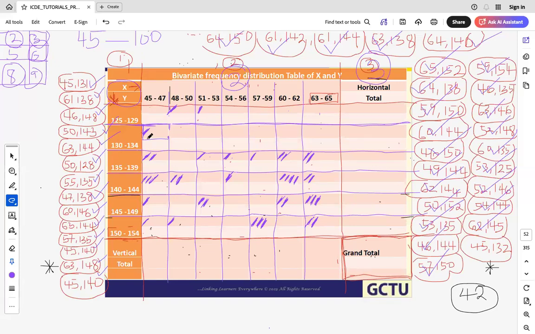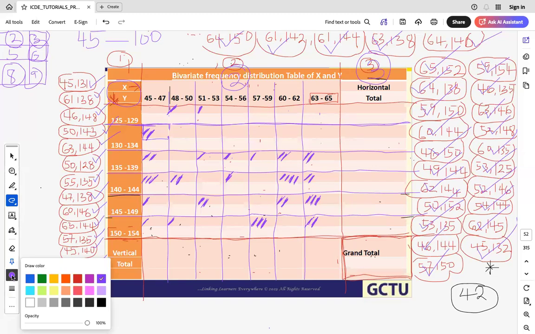We come down. This is 132. So this becomes the second tally in this block, and this is done. So ladies and gentlemen, this is the first action in this cell that you are supposed to do.